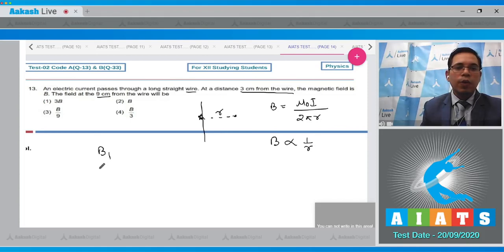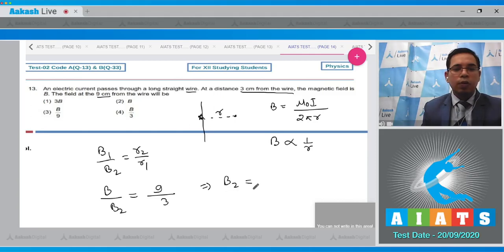So from here B1 upon B2 will be equal to R2 upon R1. Now here B1 is B at distance 3 cm. Then at the distance 9 cm what will be B2? From here B2 will be equal to B by 3. Hence option number 4 will be the correct answer.